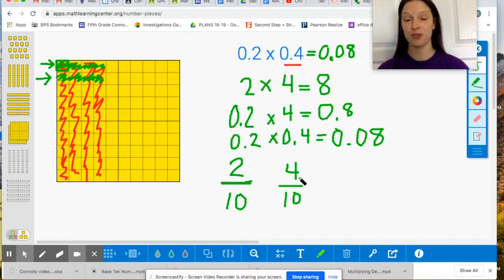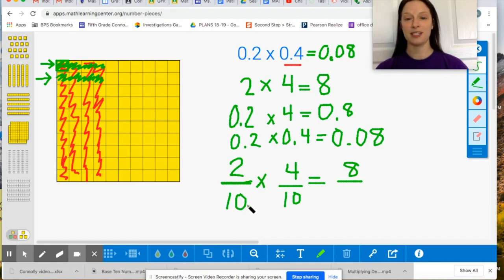And let's see that relationship with the fractions here. We are thinking about 2/10, and I wrote it as a fraction down here, and 4/10, I wrote it as a fraction down here. So numerator times numerator, 2 times 4 is 8. I took 1/10 of 2, 1/10 of 4.